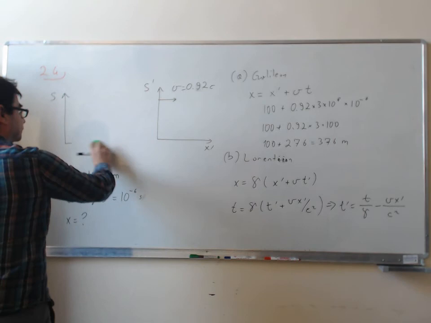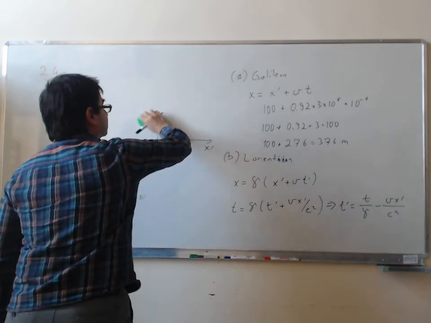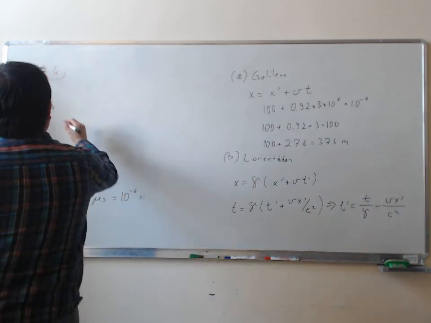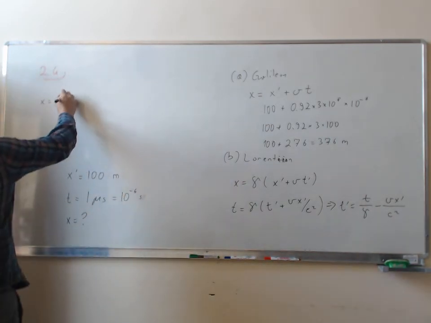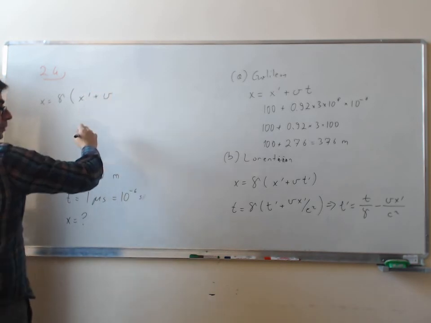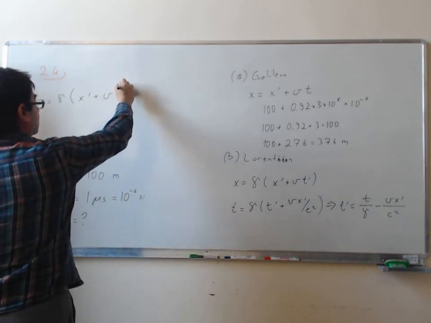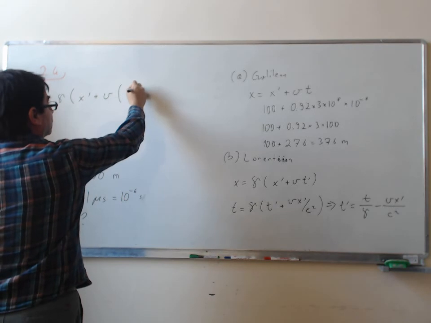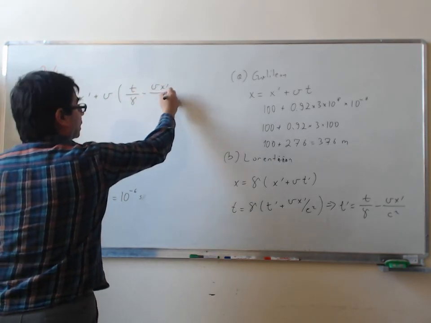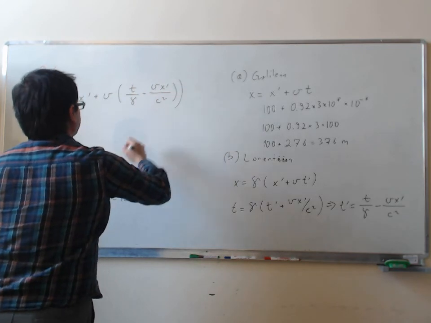I will erase this. This is just standard configuration. Nothing complicated here. So x is going to be gamma x prime plus v times t prime, which is t over gamma minus vx prime by c squared.